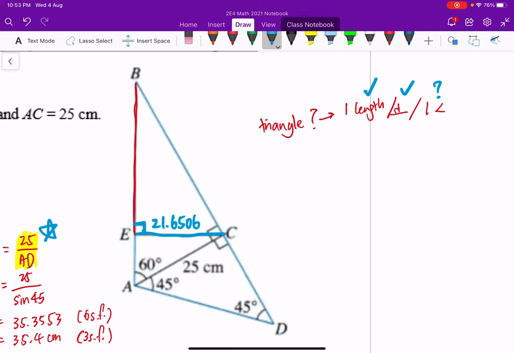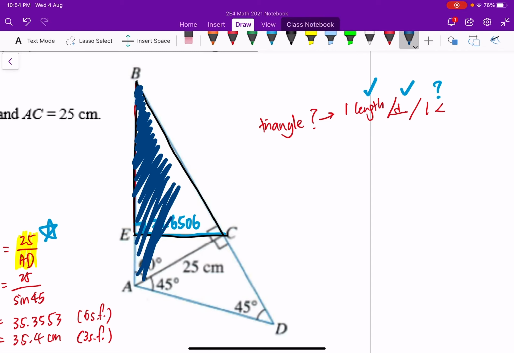If we were to use this triangle, let me use a black pen. If you were to use this triangle here, we must first find out one of the angles, either at vertex B or vertex C. So can you follow me here? I'm going to draw it, color it so that you can see it. Can you follow me that actually there is another triangle that is slightly bigger?